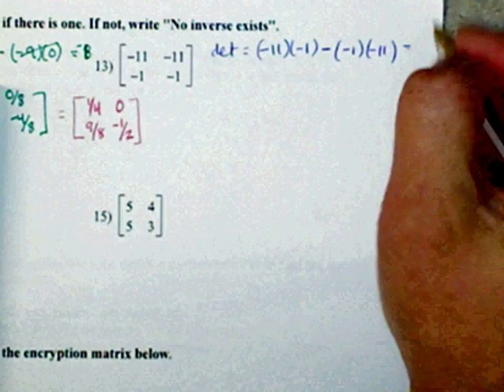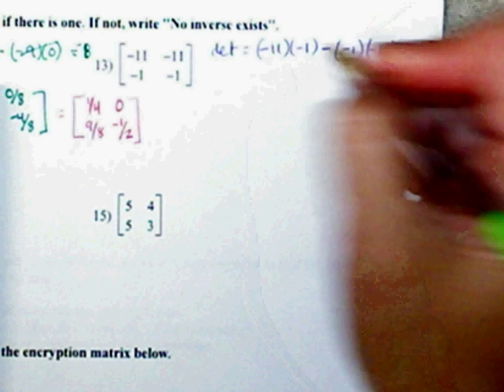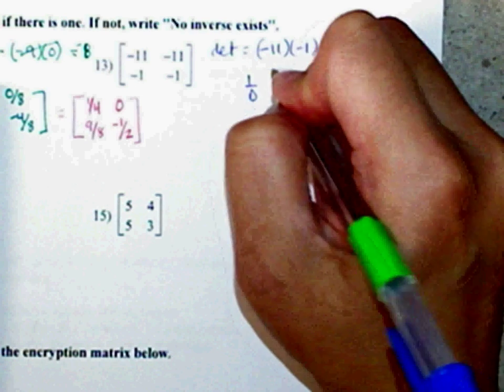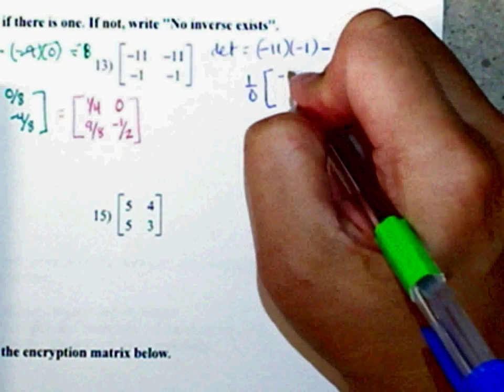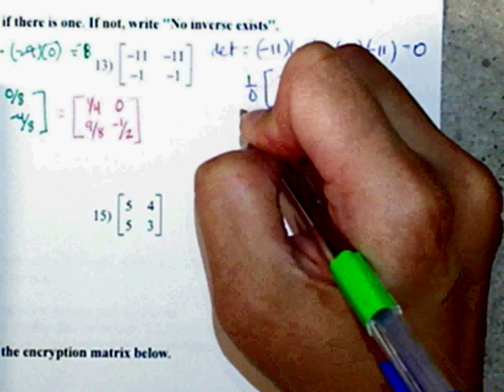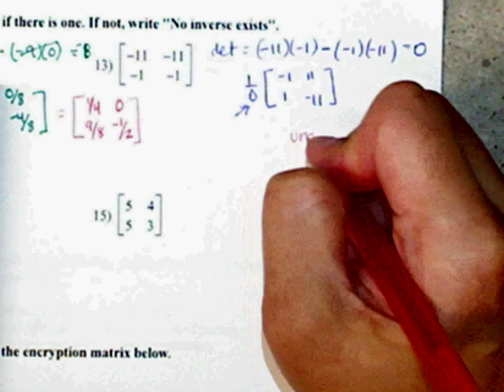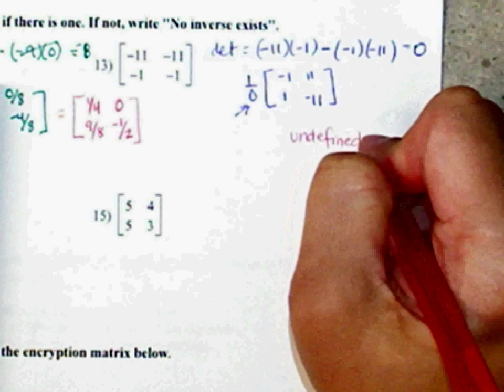Okay? It comes out to be 0. As you can see, if you were trying to find the inverse, you would have 1 over 0 times your adjugate, switch the 2 position, negate the other 2. Now, can you divide anything by 0? No, so your solution is undefined. Okay.